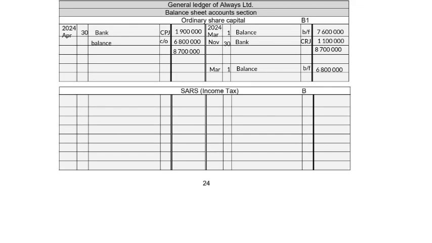Now the income tax account: on the credit side, we will have an opening balance of 18,000. So 2024, March the 1st, we will have a balance brought forward, 18,000.